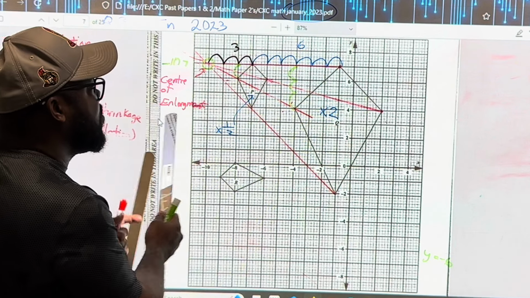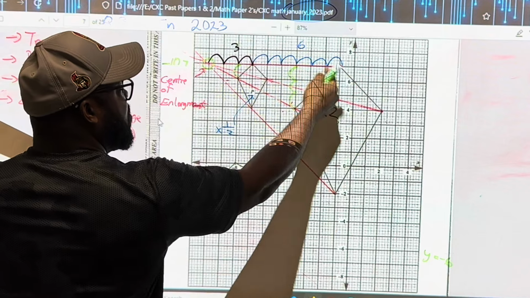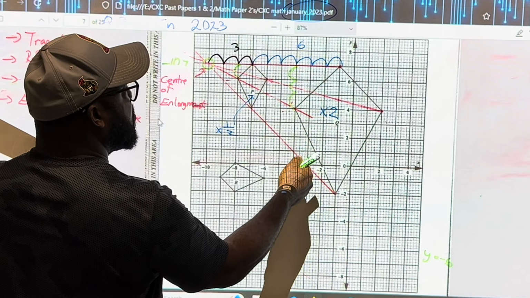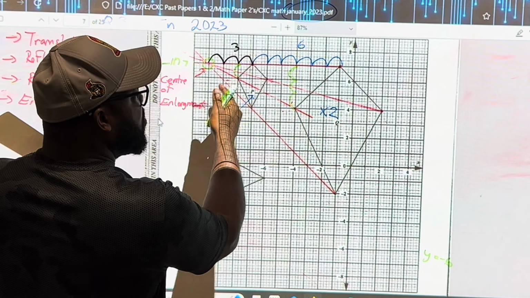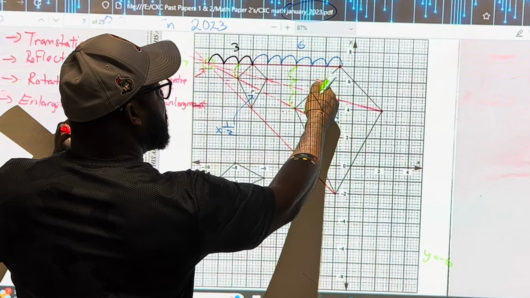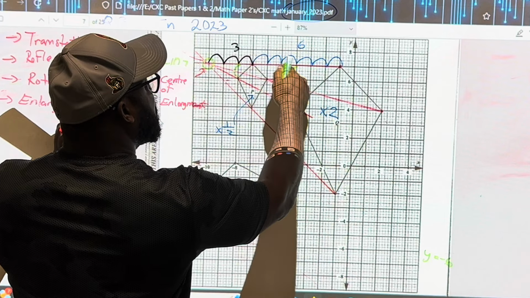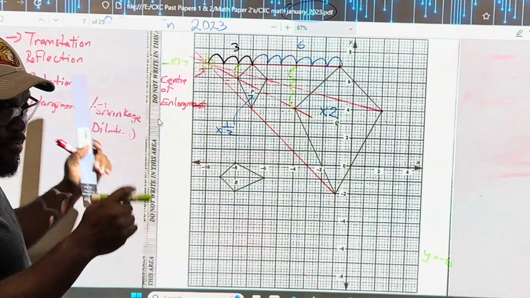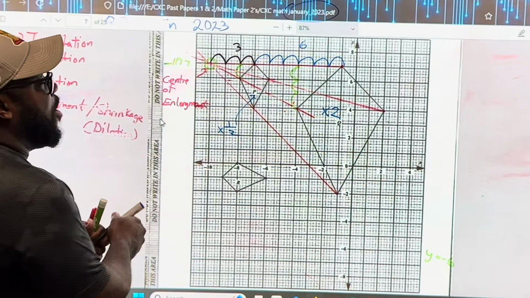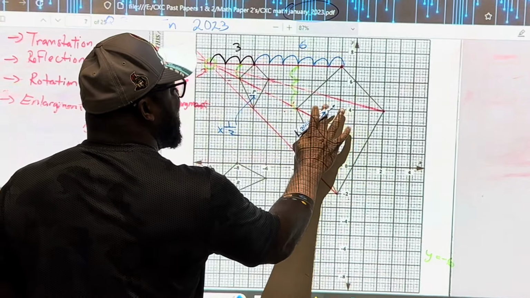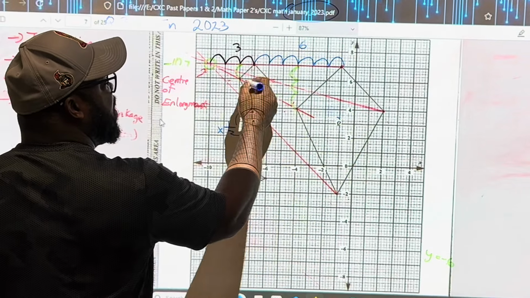Okay? You see? So, okay, sorry, I made a mistake, it's not double. It's supposed to be triple.